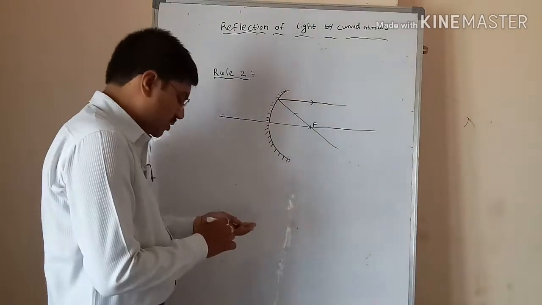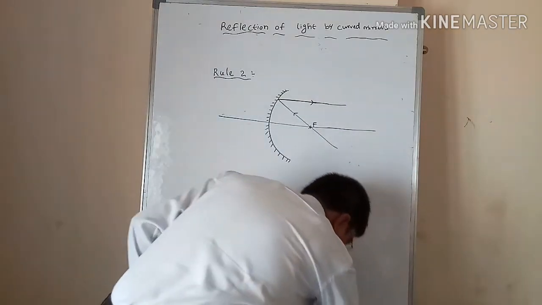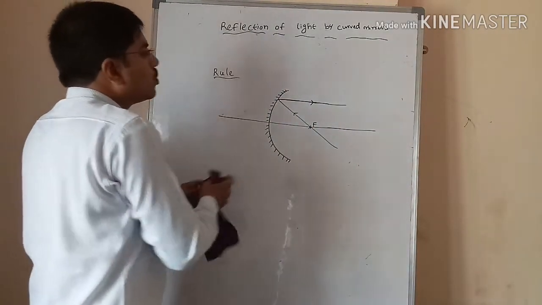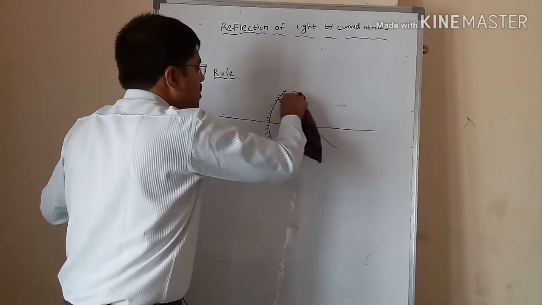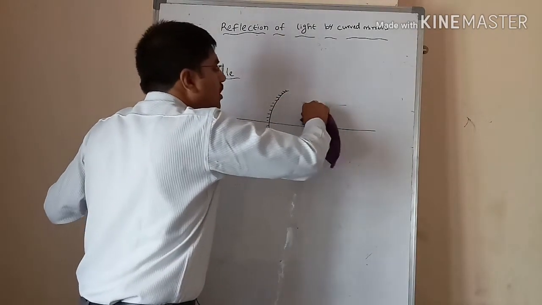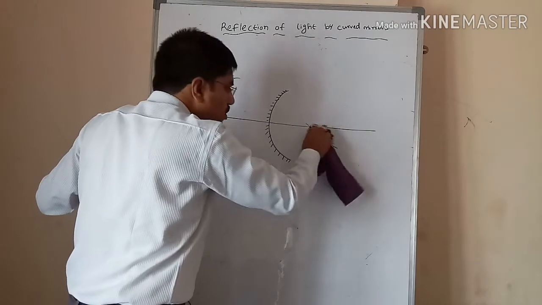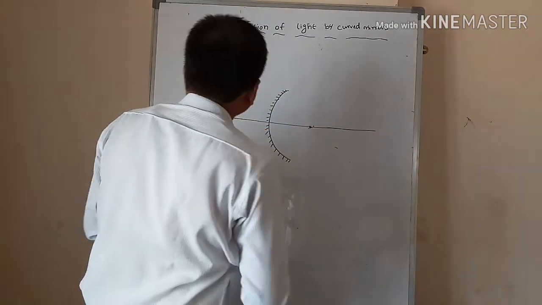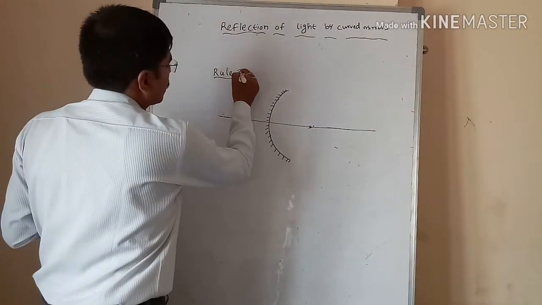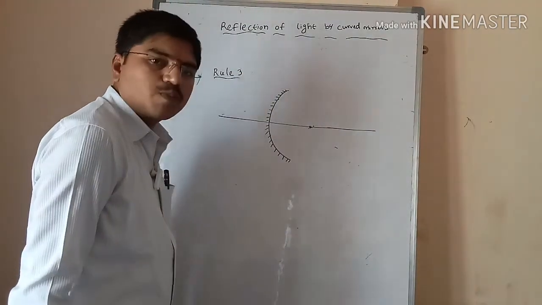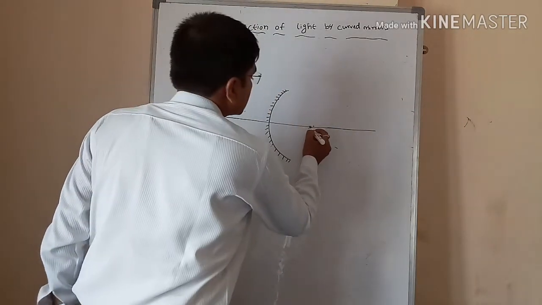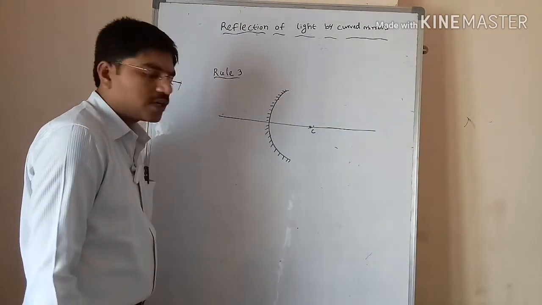Then another one will be there, rule 3. Rule 3 has some small changes. These two rules are related, but the third one is not related to them. If you see rule 3, if any ray is passing through the center of curvature, you can think of it as the center of curvature.